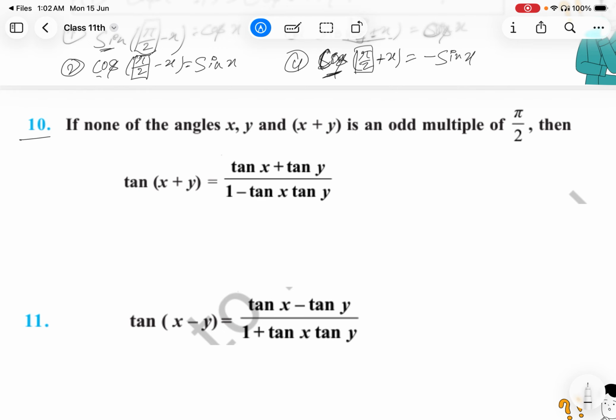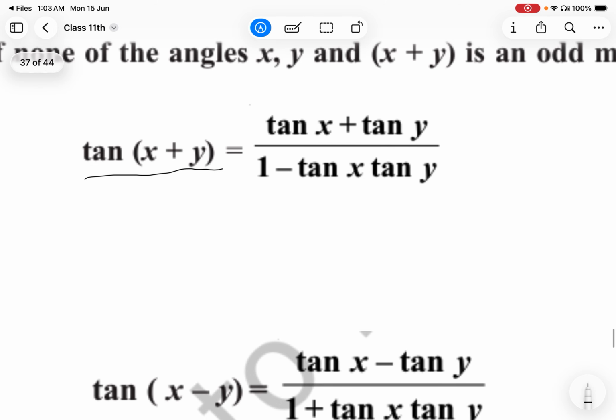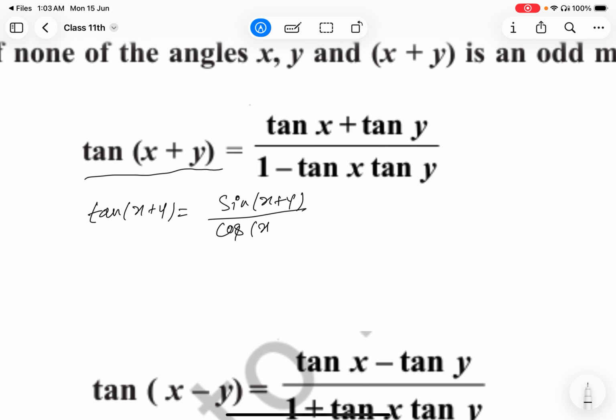Here we have the 10th. It is asking what is the value of tan x and tan y. Look, this is very simple. We know that tan(x + y) will be sin(x + y) by cos(x + y), right?